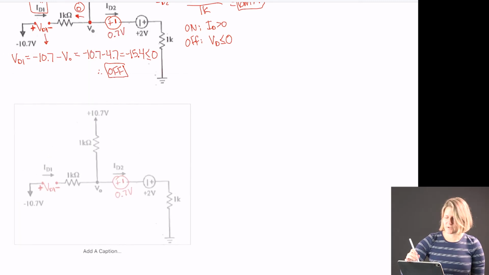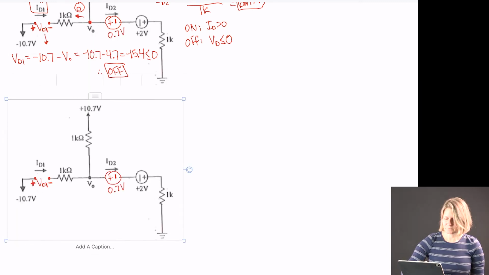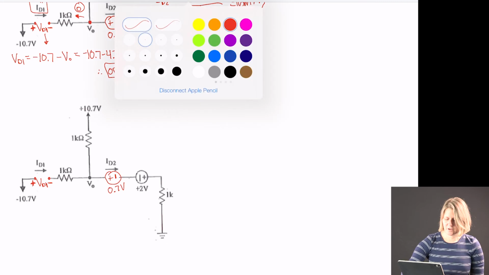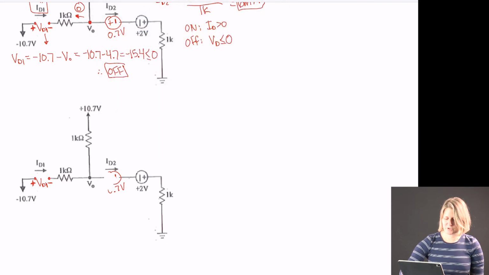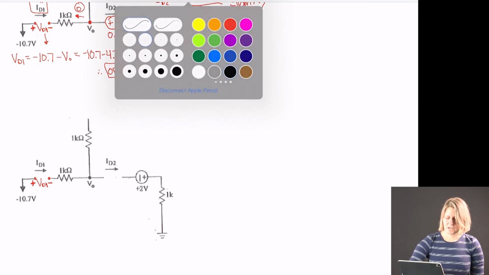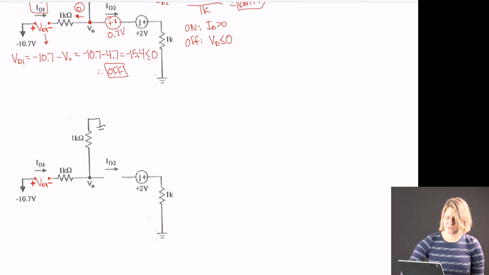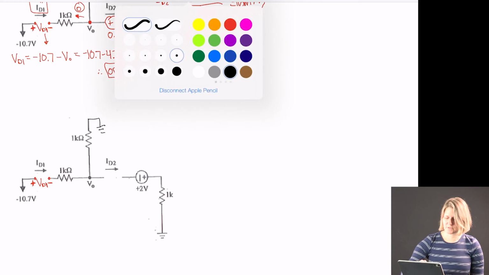And so instead of the voltage source, we are going to remove all the voltage sources. So this DC value becomes a ground, and this DC value also becomes a ground.